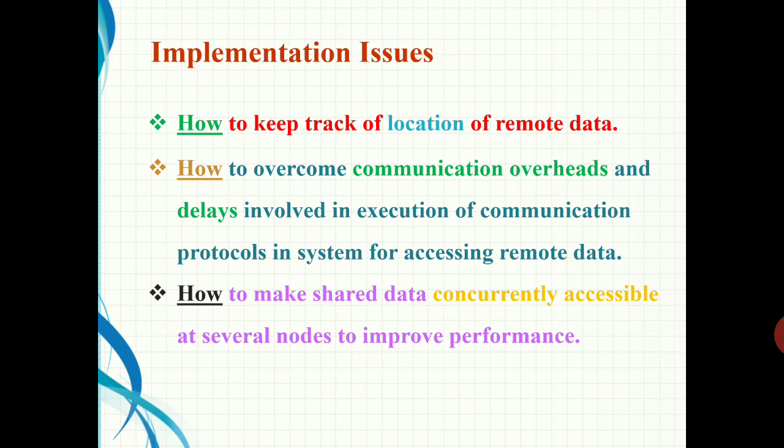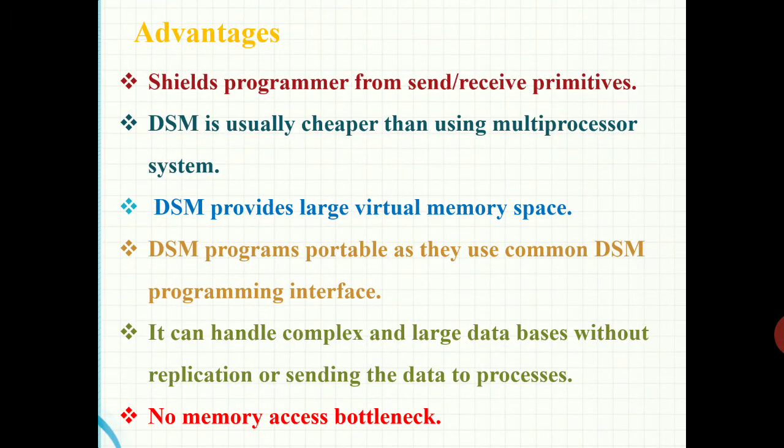The next design issue is how to make shared data concurrently accessible at several nodes to improve the performance. So the concurrent accessibility of the data is another implementation design issue of the distributed shared memory.